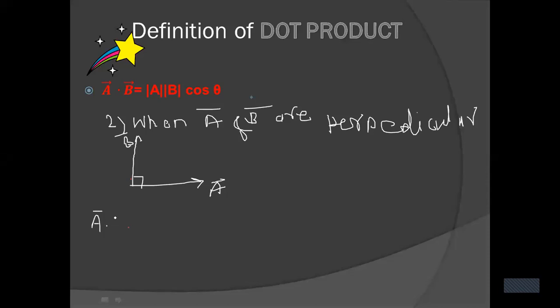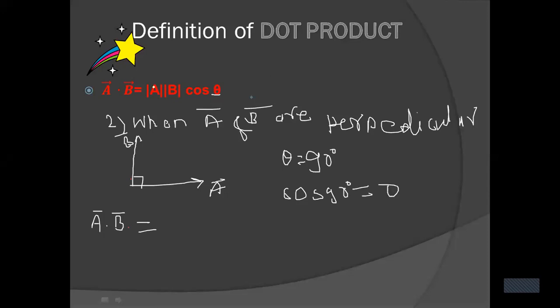So we know the definition of dot product. A bar dot B bar is equal to mod of A bar mod of B bar cos theta. Now here what is theta? Theta is equal to 90 degrees. Correct. So what is cos 90? Zero. Cos 90 is equal to 0.